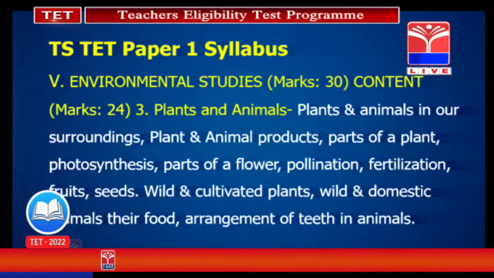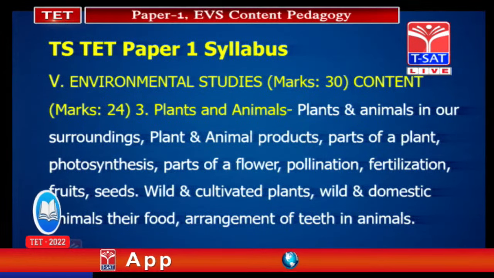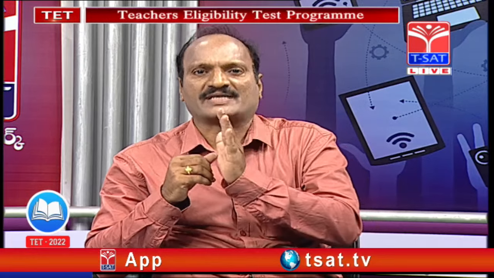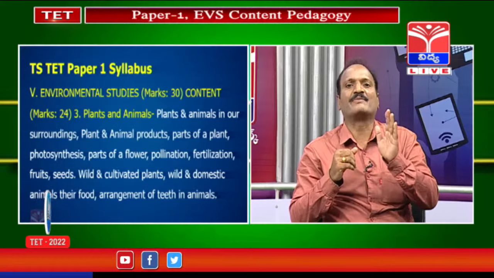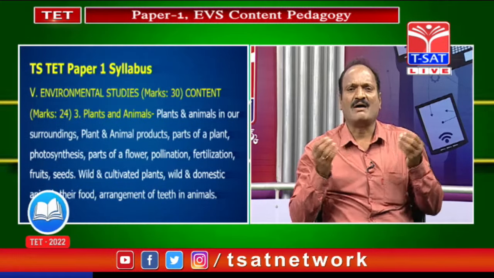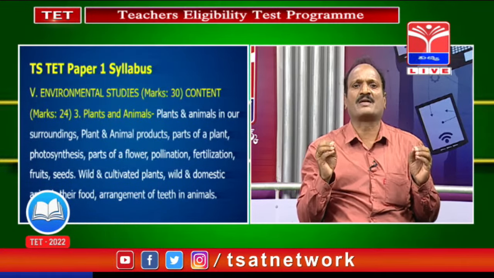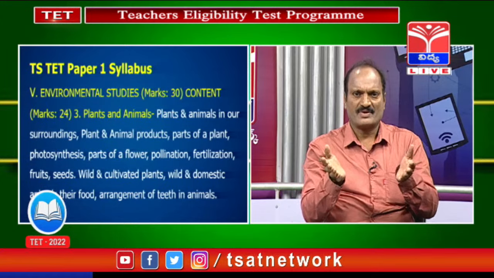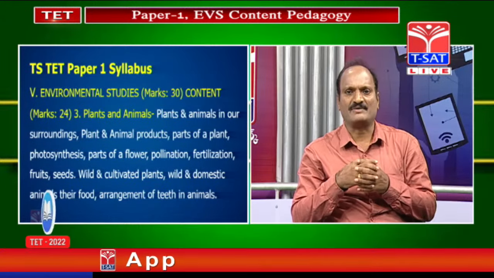When we discuss plants and animals in this EVS TET syllabus, we clearly state plants and animals in our surroundings, and plant and animal products. Why? Because we depend for our food on what is given by plants and animals.